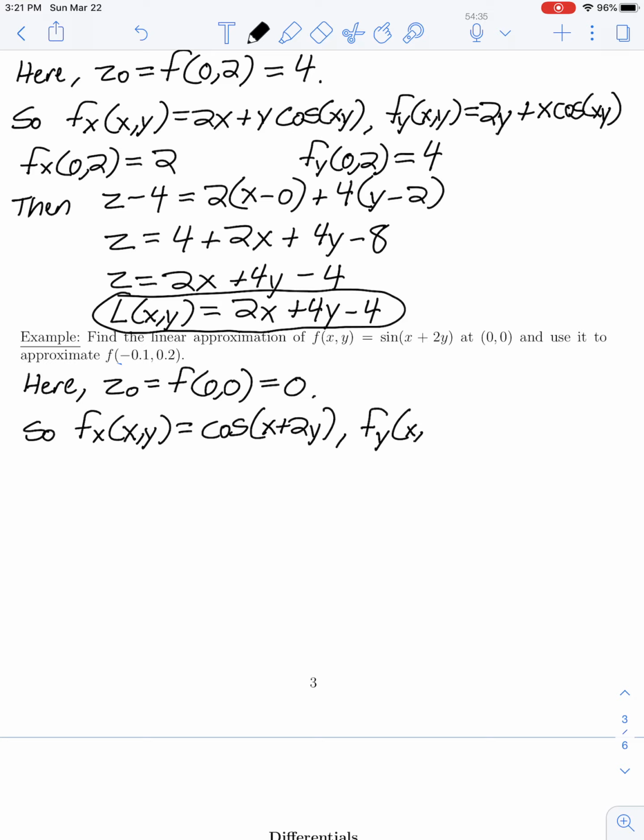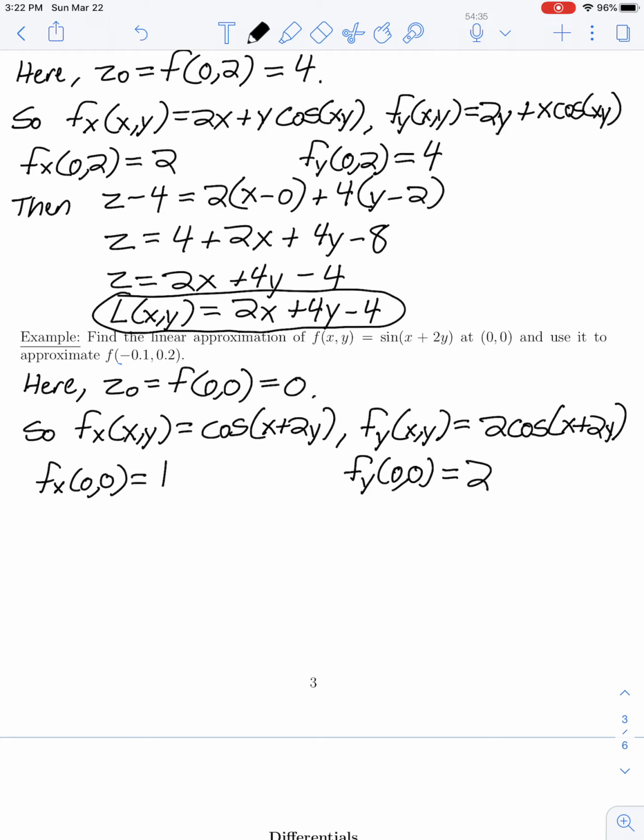And the partial derivative of f with respect to y is 2 times cosine of x plus 2y, again making use of the chain rule there. So if we evaluate our partial derivatives at the point 0, 0, we find our partial with respect to x is 1, and partial with respect to y at 0, 0 is 2.